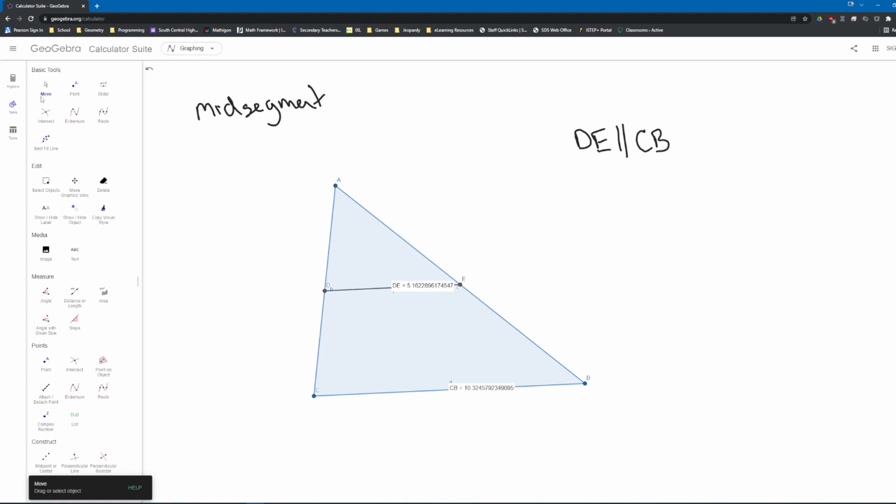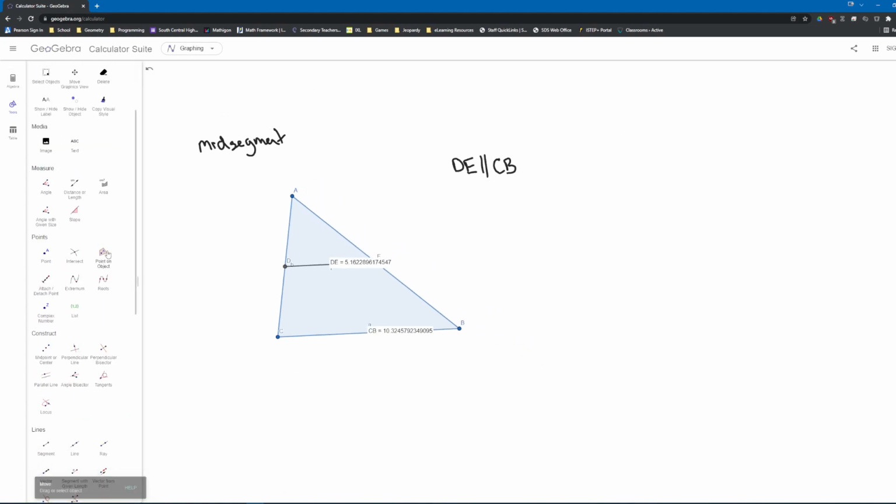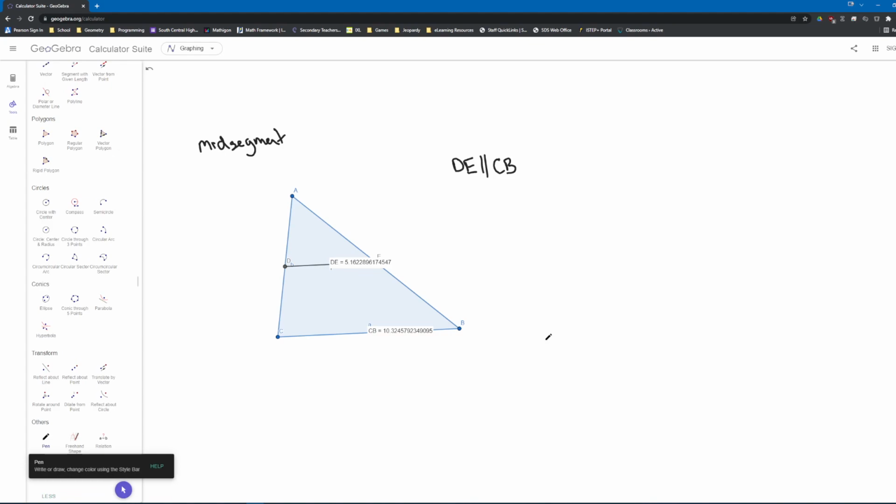So what we have is that the mid-segment, DE, is going to be equal to 1/2 the measurement of CB. So the mid-segment is always half the measurement of whatever side it is parallel to.